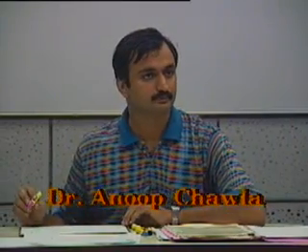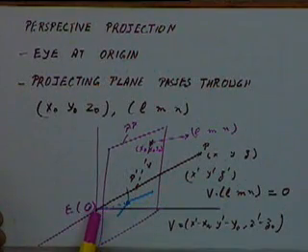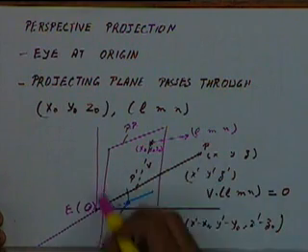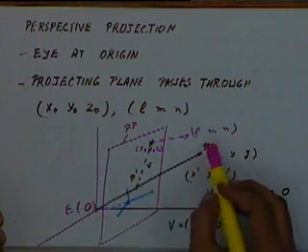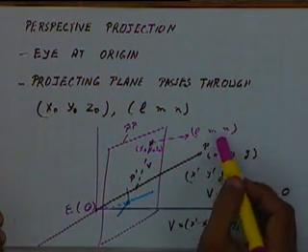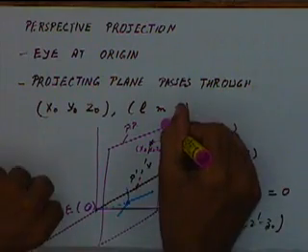So if the eye is at the origin, I'm coming back to this figure, and the projecting plane is any arbitrary plane, in that case we can project a point P onto this projecting plane using this set of equations.